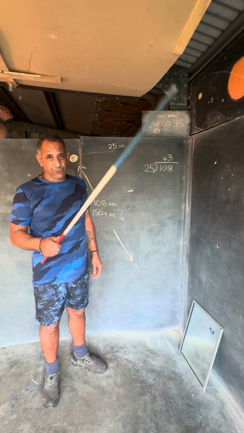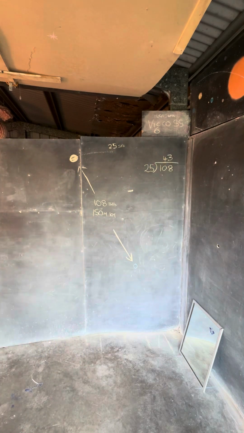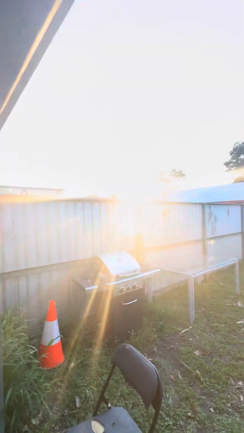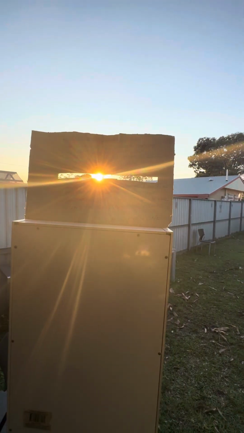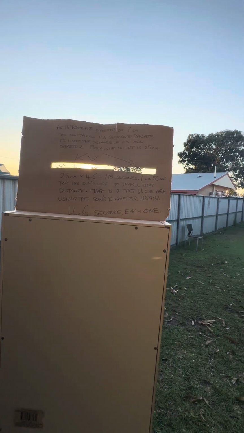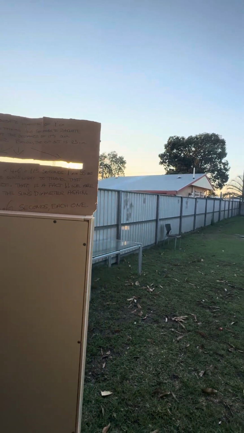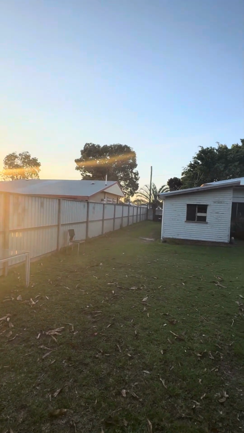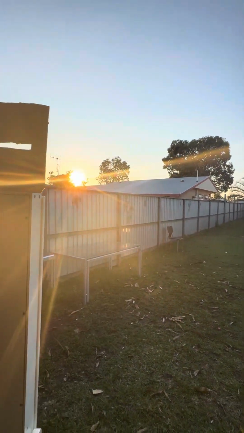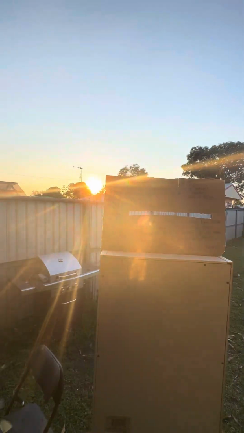So if we did that another 4 point something times, from there, 4.6 times, and it went 1, and then another 1, another 1, another 1, and a little bit, that would be 150 million kilometres, because it's to scale.